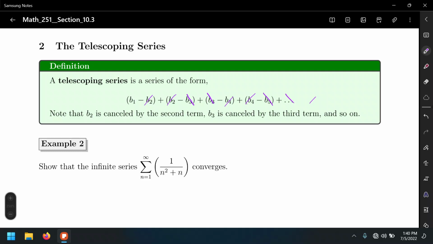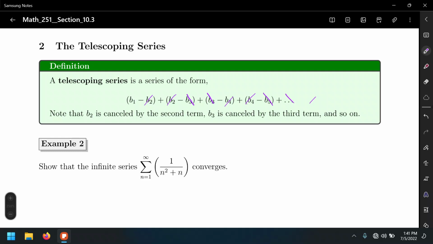I guess that's why it's called telescoping, because your viewer has the telescope. The only thing that you see is the furthest point on your scope, but nothing in between. It's like it's being cancelled.